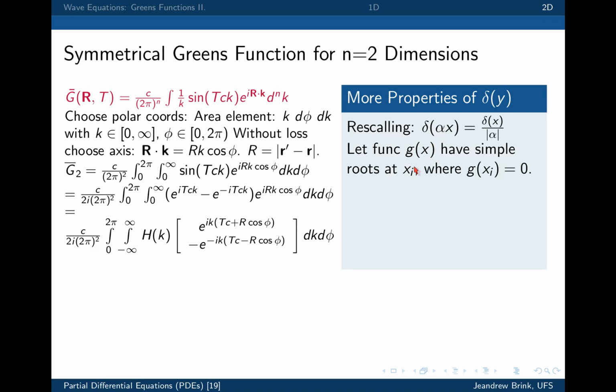So if g of x equals 0, then the delta function of g of x is the sum of the delta function of x minus xi, which are the zeros, over the derivative of g evaluated at those points. I don't know if you've seen this before. No. Okay.